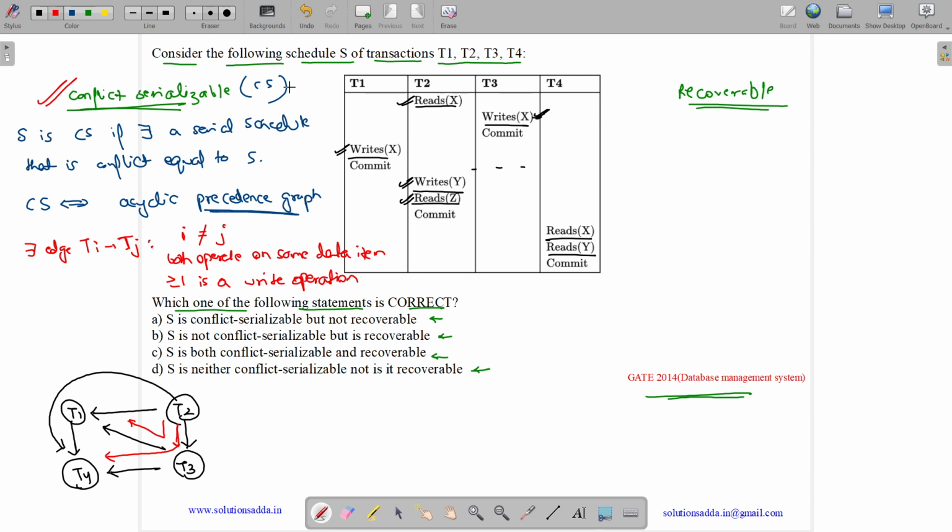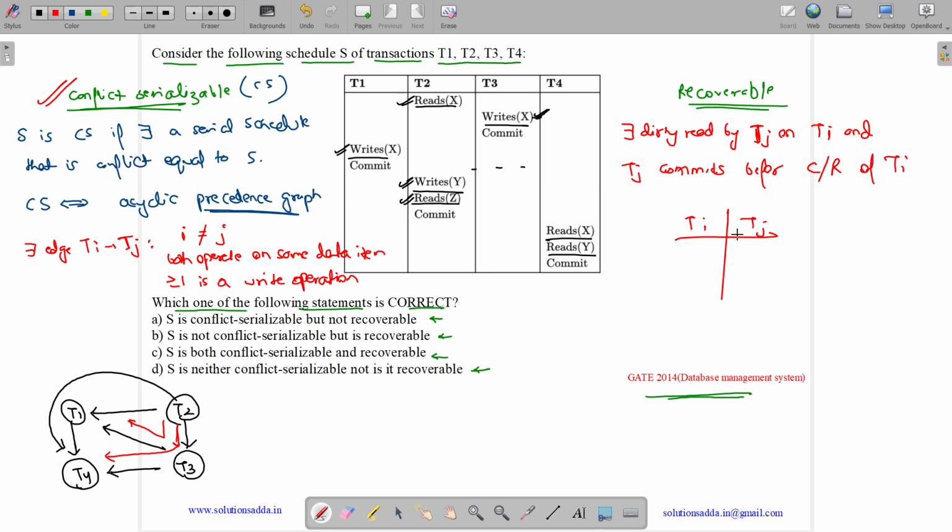Let us see recoverability. For this, first we need to see what a dirty read is. Recoverability means that if there exists a dirty read by transaction Tj on Ti, then Tj should not commit before the commit or rollback of Ti. So let us suppose we have two transactions Ti and Tj.